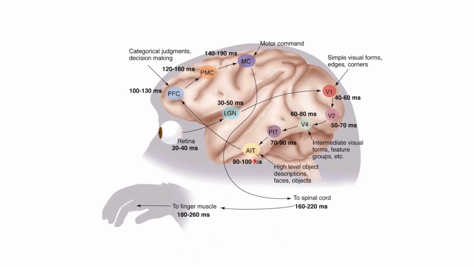Then the signal goes to the prefrontal cortex, then to the premotor cortex, and then ultimately to the motor cortex, where a motor command is generated. This signal is passed down through the motor neurons in the spinal cord. By the time it reaches the finger muscle from the spinal cord, 200 to 250 milliseconds may have passed.